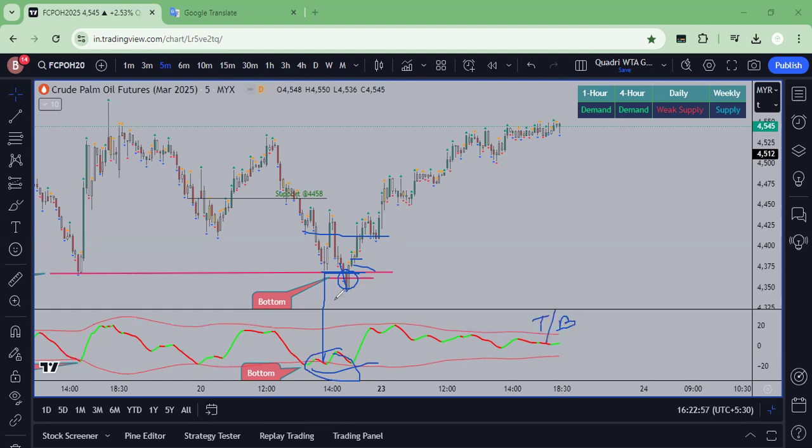I won't buy it because there is no demand candle at the red line. Agreed. But what you're saying is you want a demand candle like this to take place, right? Yes. So can this be considered a demand after a pullback?